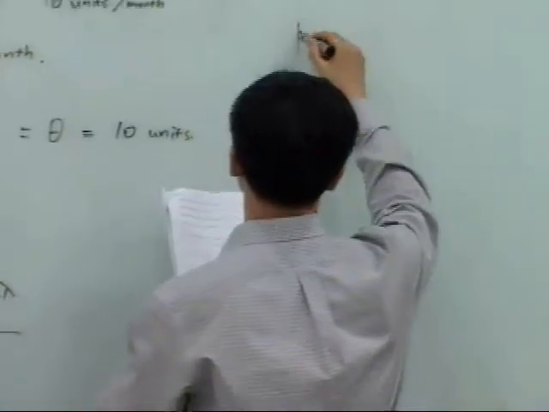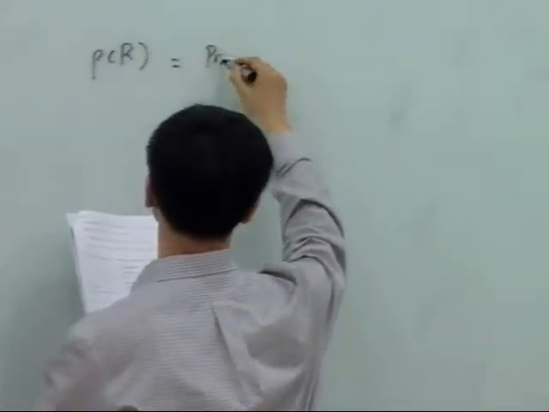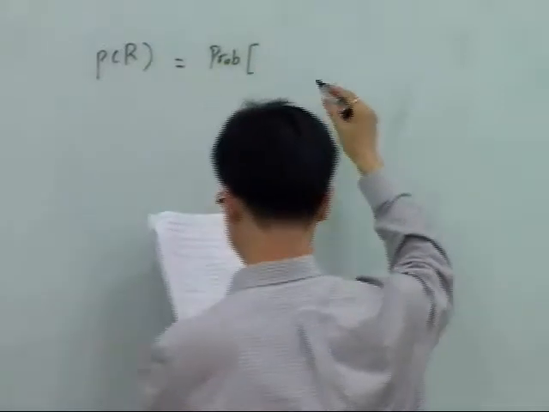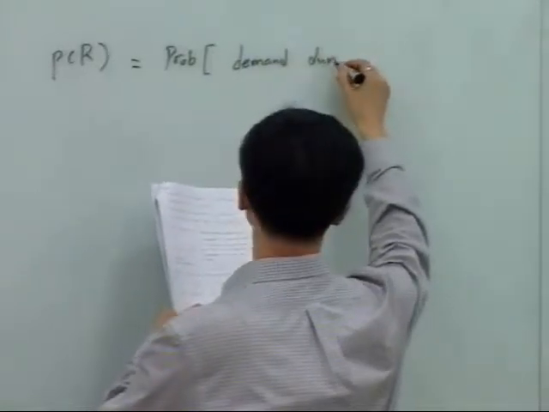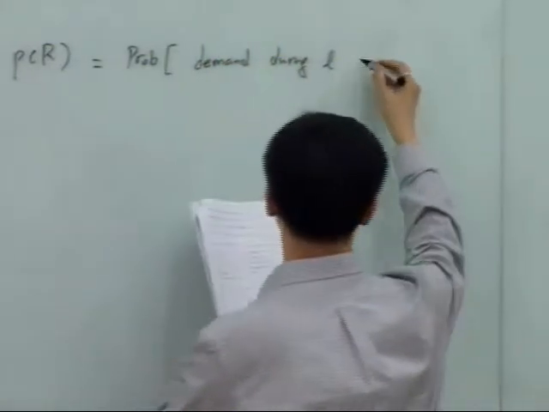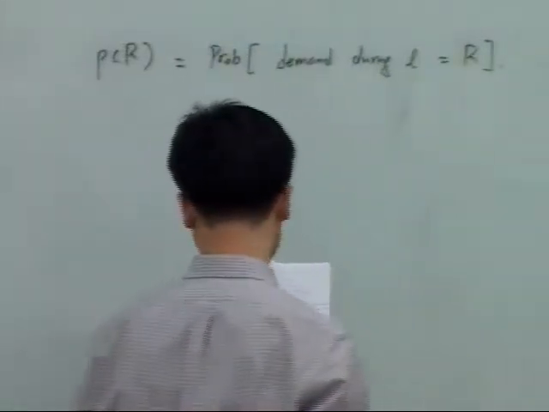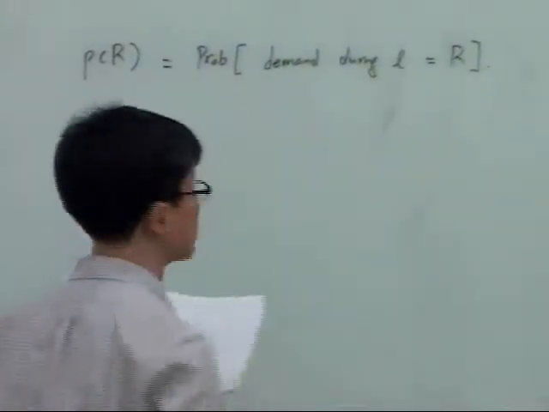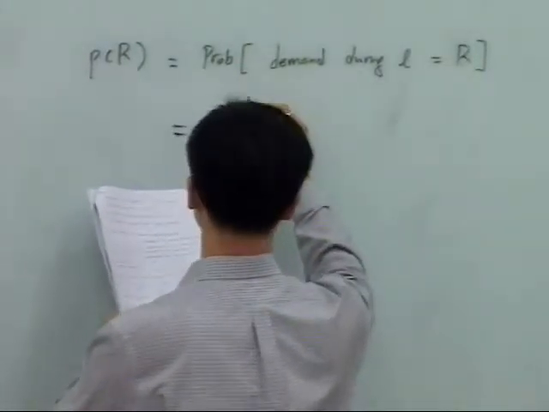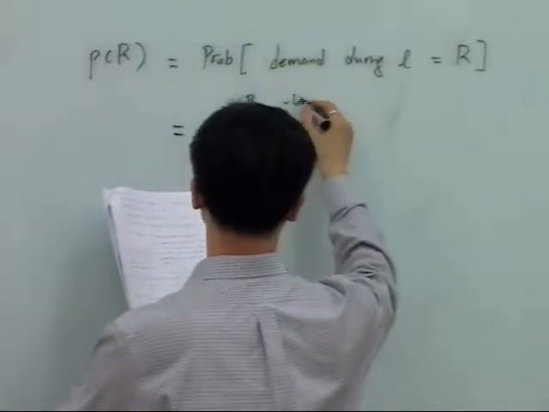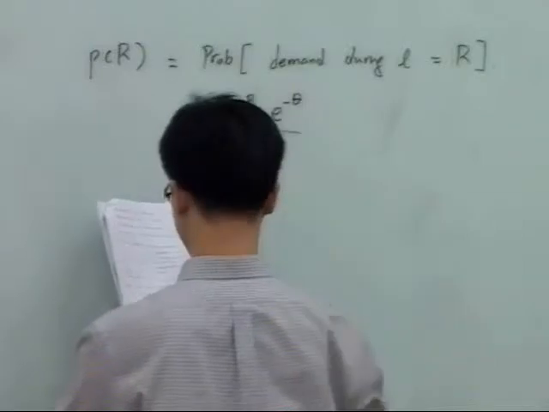Then let's say PR is the probability of demand during lead time L is equal to R. It's the definition, which is the same here: theta to the R, e to the minus theta, over R factorial.